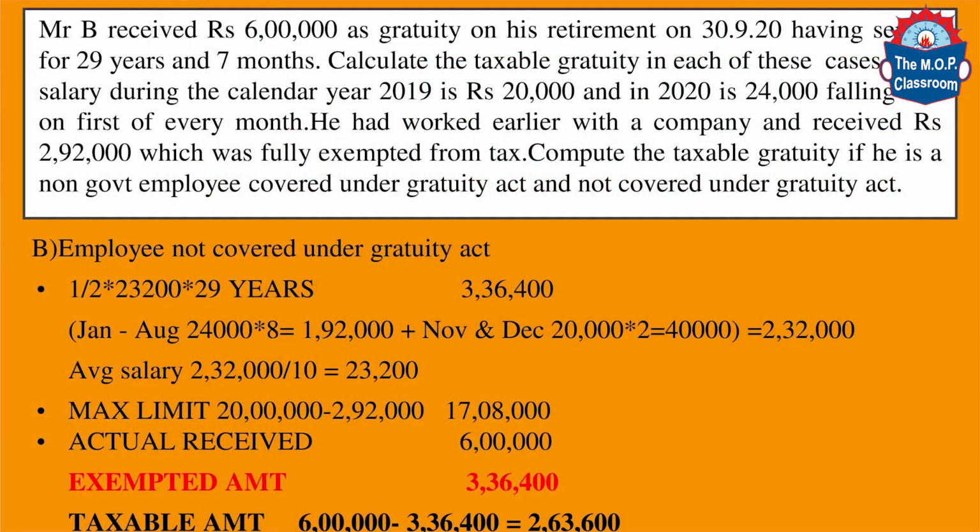So, the value will be 17 lakhs 8,000. The third provision is the gratuity amount received, which is 6 lakh. Out of the 3 values, the least will be exempted. So, the exempted value will be 3,36,400. Therefore, the taxable amount will be gratuity received, which is 6 lakh, minus 3,36,400. So, the taxable value will be 2,63,600.